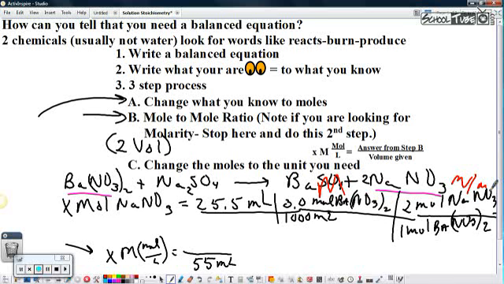All right, at this point, I'm left with what unit? Moles of NaNO3. Is that what I want?